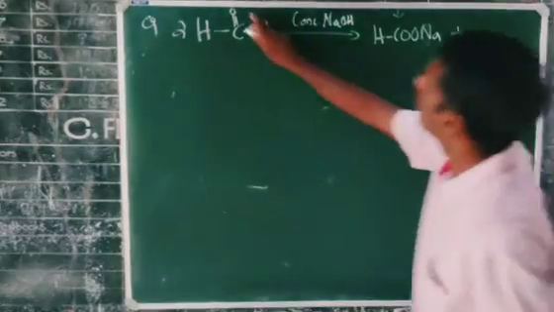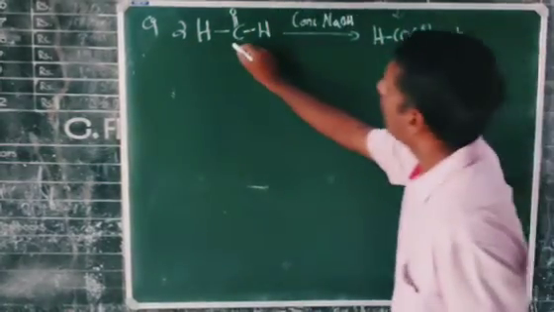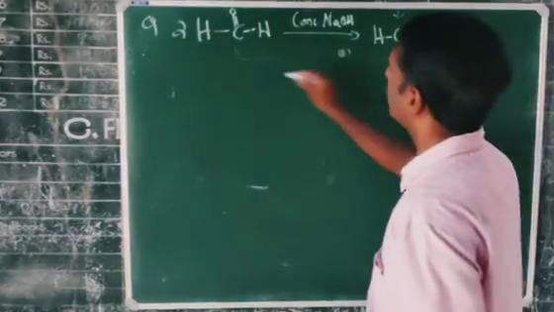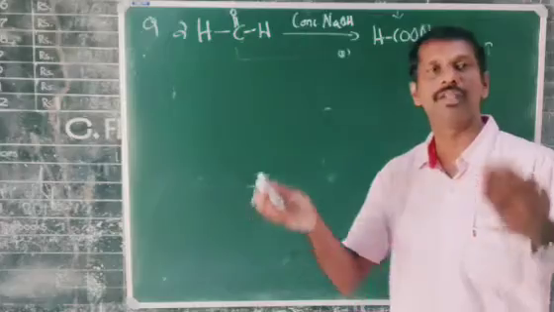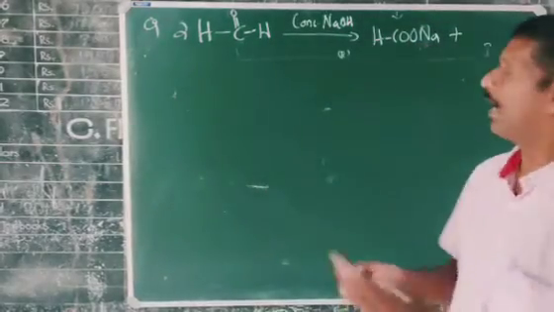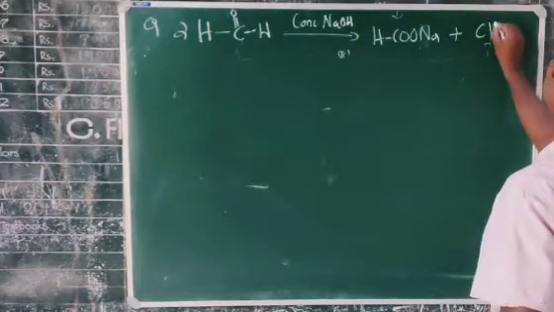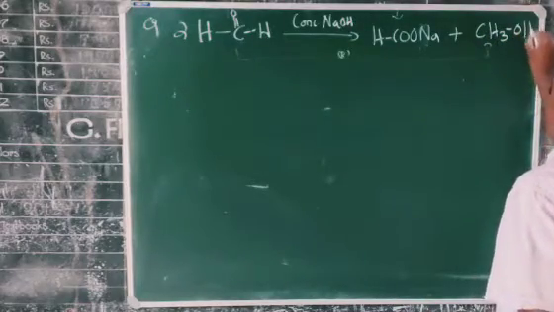The other molecule undergoes reduction. Aldehyde on reduction will give the corresponding alcohol, so with one carbon aldehyde, you get alcohol with one carbon, that means CH3OH.